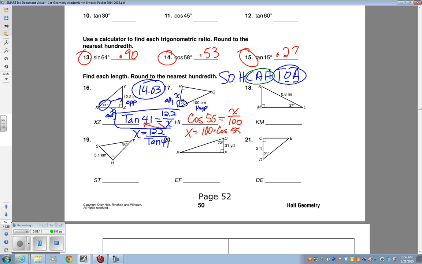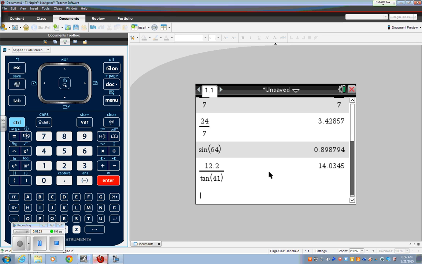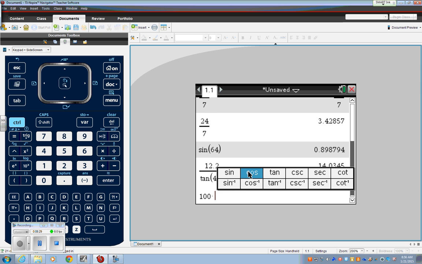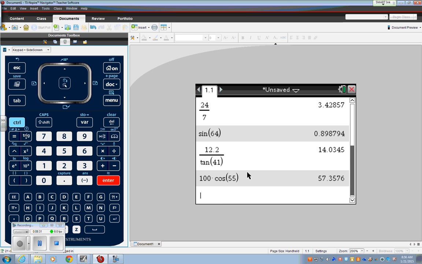Notice that I always put the number first, not the trig. That's what you put in your calculator. 57.36.